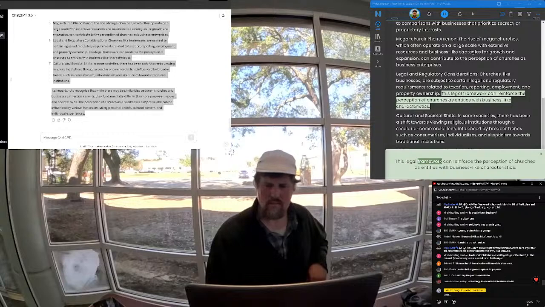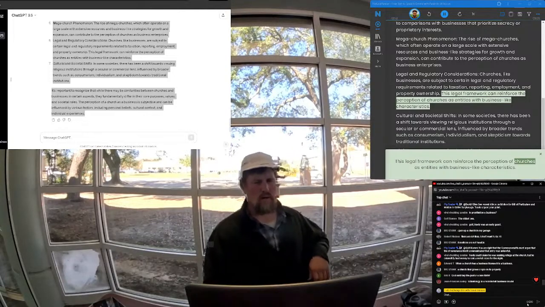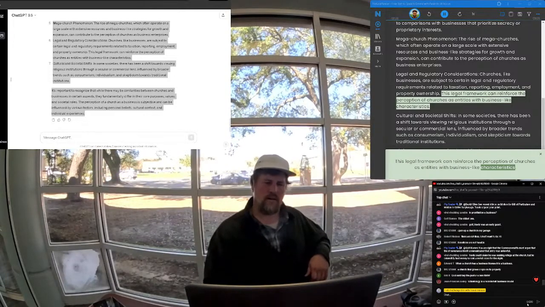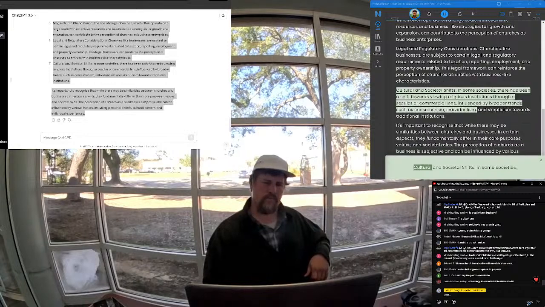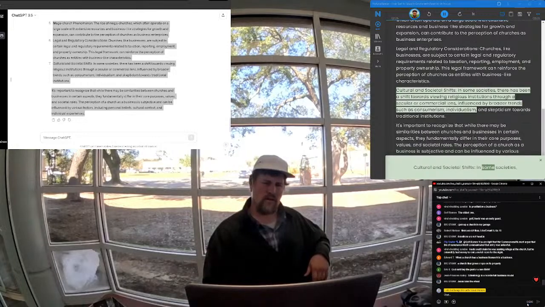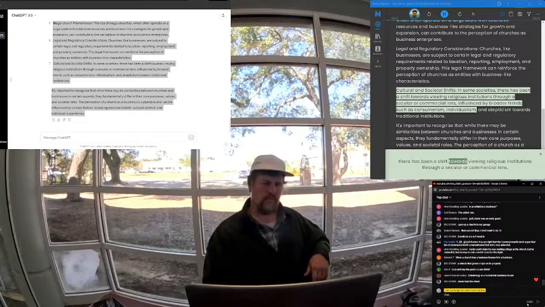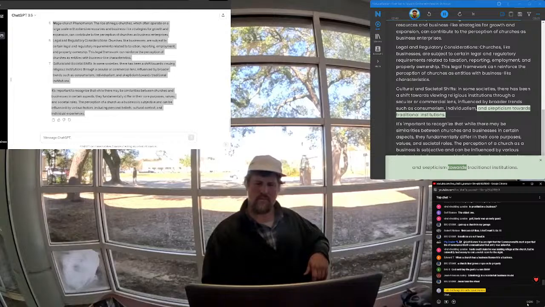This legal framework can reinforce the perception of churches as entities with business-like characteristics. Cultural and societal shifts. In some societies, there has been a shift towards viewing religious institutions through a secular or commercial lens, influenced by broader trends such as consumerism, individualism, and skepticism towards traditional institutions.